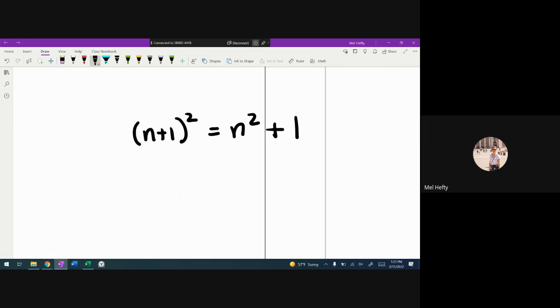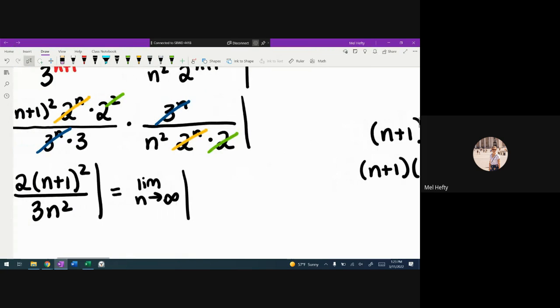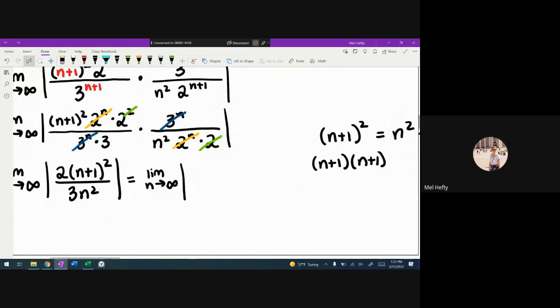Ah, Nina said 2n. What does she mean? Yeah, I have to actually multiply this out. So there should be a plus 2n in the middle. I will tell you guys a lot of the mistakes that I'm seeing on this set of problems. When we did our note check in my other class, they were just algebra problems.